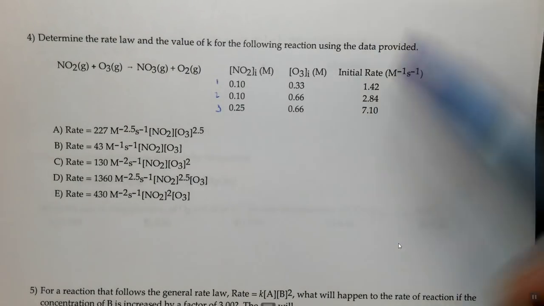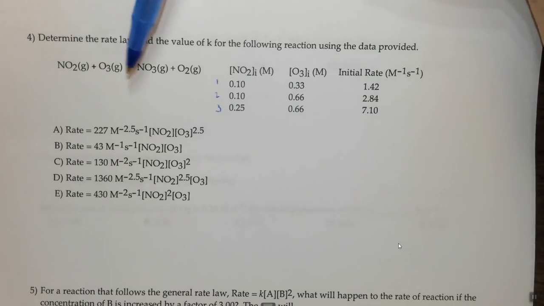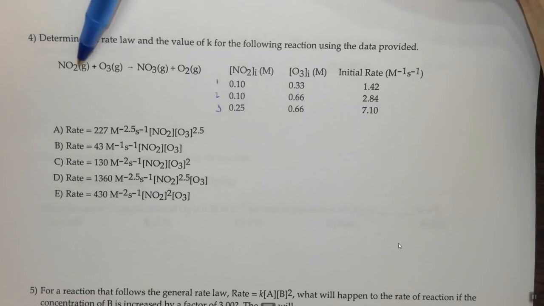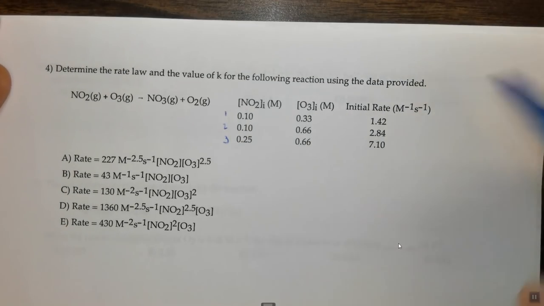Now I need to find the reaction order with respect to NO2 and with respect to O3 in order to determine the rate law. Note that I can't simply use the stoichiometric coefficients. That's going to be a problem. So the first thing is to write the general form of the rate law.